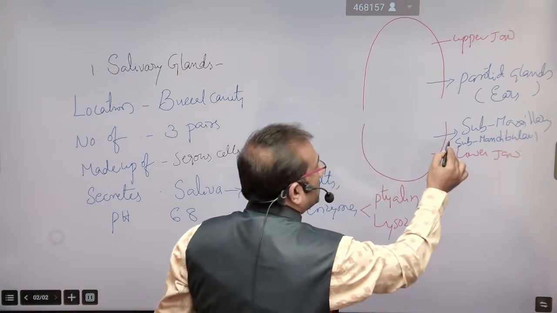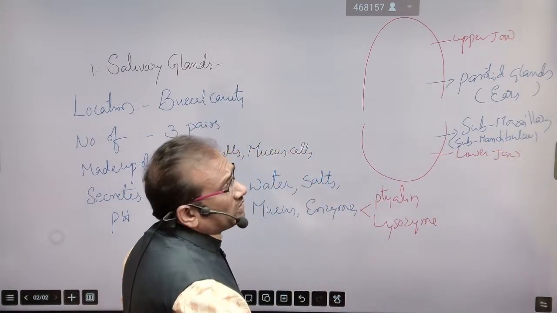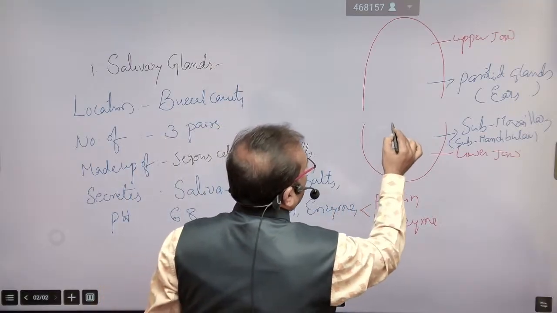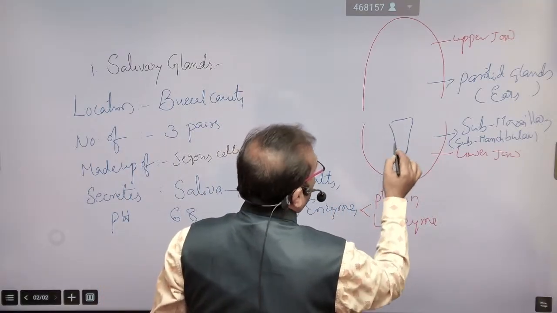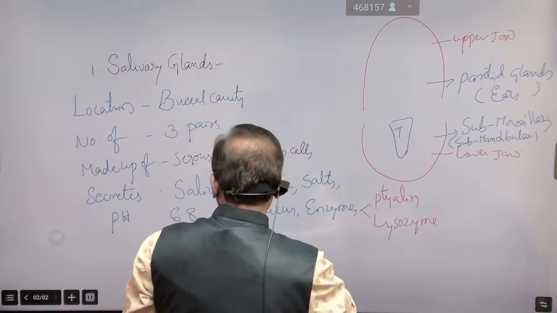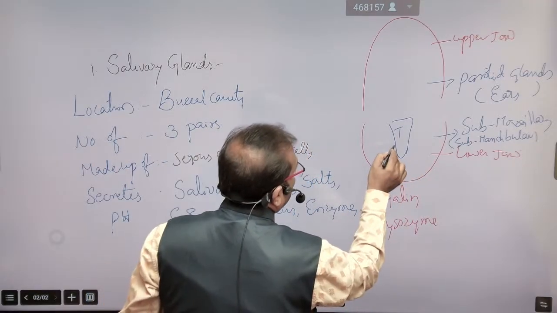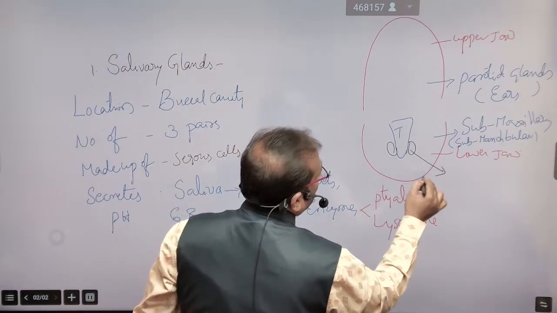Submandibular: sub means below, mandible means lower jaw. Below the lower jaw, one pair is there. And below the tongue, one pair is there. It's called sublingual.